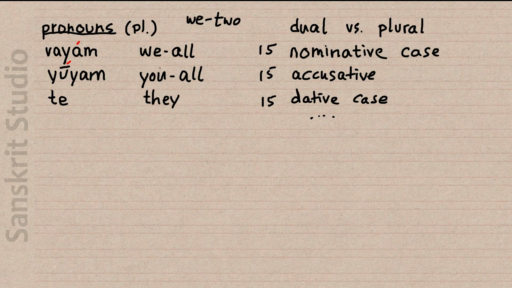And similarly here also, te, they all. So that's one important thing here, that we always keep it in mind that this is the plural they, and the plural you, and the plural we.